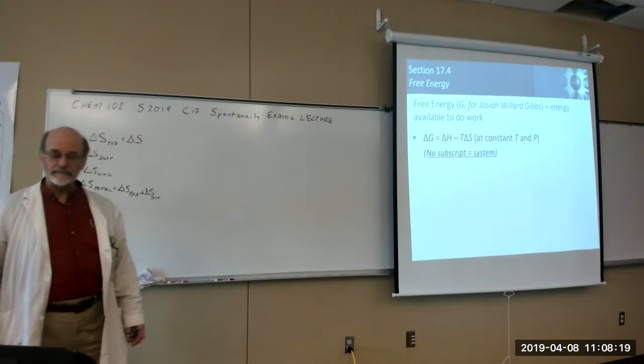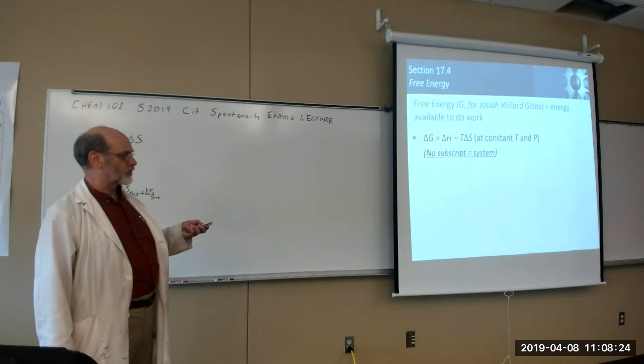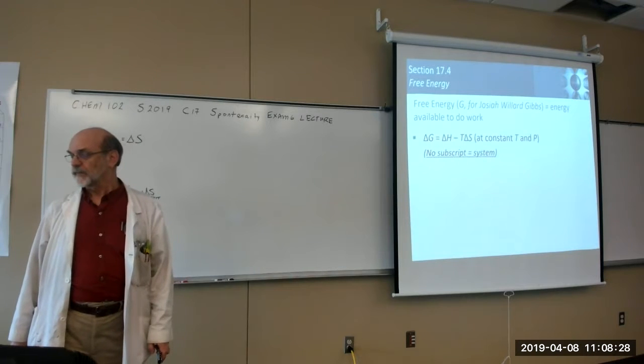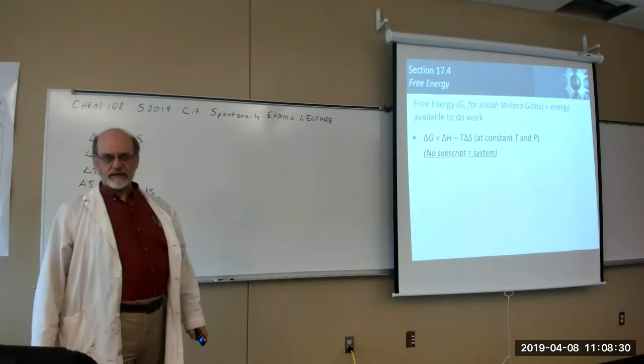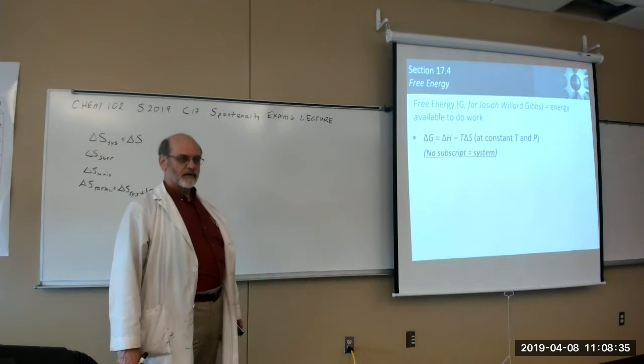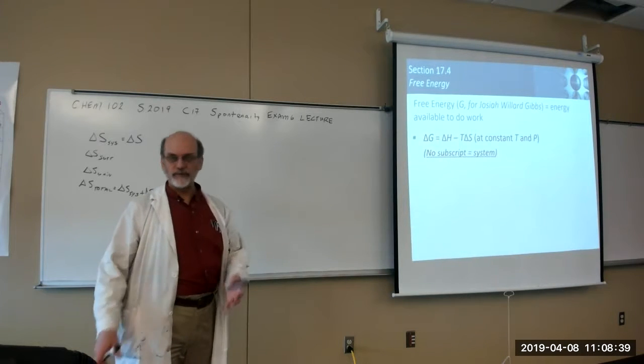Well, as it turns out, delta H, the enthalpy of the reaction, is the potential energy for doing work, the potential energy of the reaction from which work could be extracted.